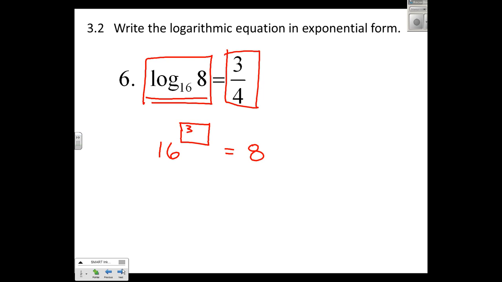So 3/4 is the exponent that turns 16 into 8. I used to memorize it this way: take this, raise it to that, equals this. It had no meaning to me. But this being 3/4, 3/4 is the exponent that turns the base into the argument. So that is all they're looking for on this. There's really nothing to solve. We're just rewriting it in exponential form.